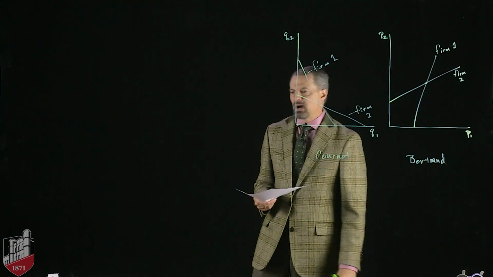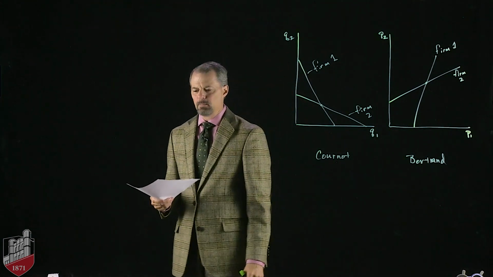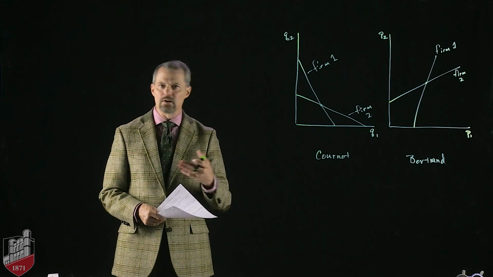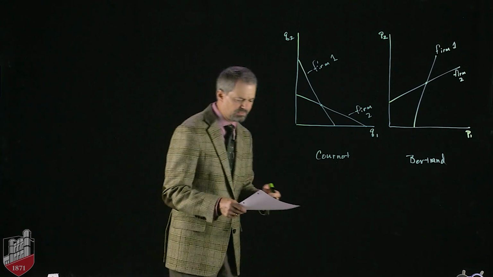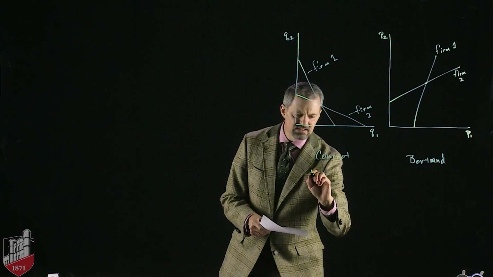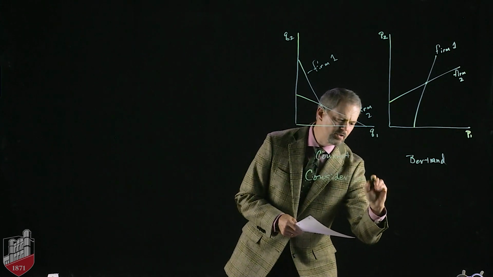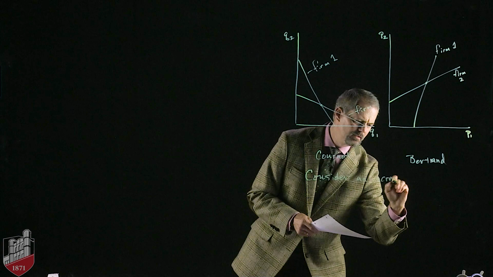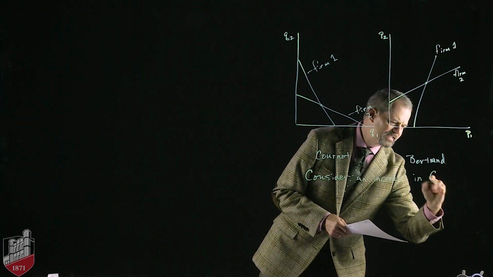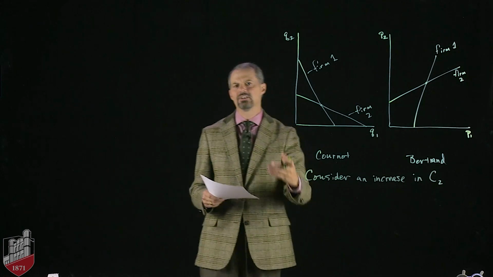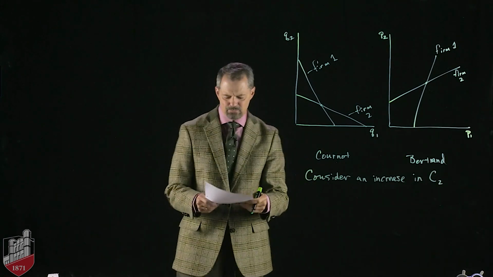And we can think about what happens if the marginal cost of production were to change for the two firms. Let's keep it nice and simple and consider an increase in C2. Okay, so let's consider an increase in firm 2's cost of production.